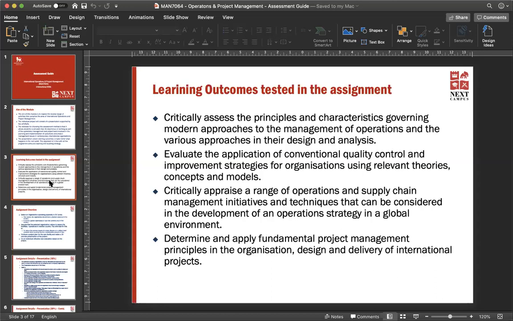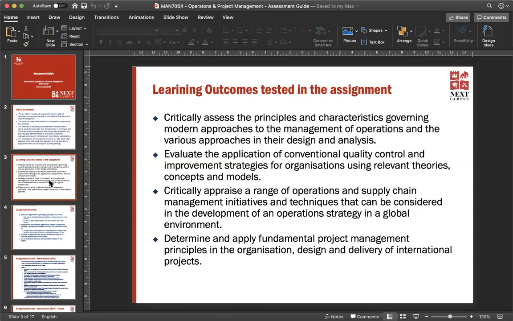So what are the learning outcomes? The principles and characteristics governing approaches to managing operations. Managing operations is very wide.